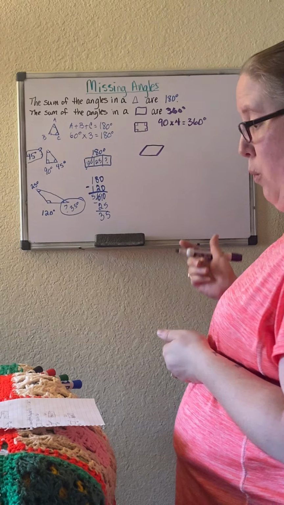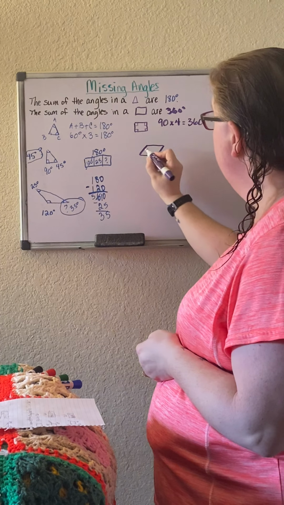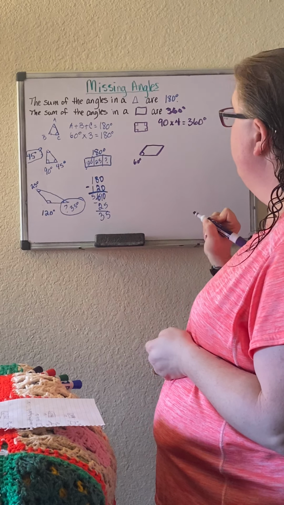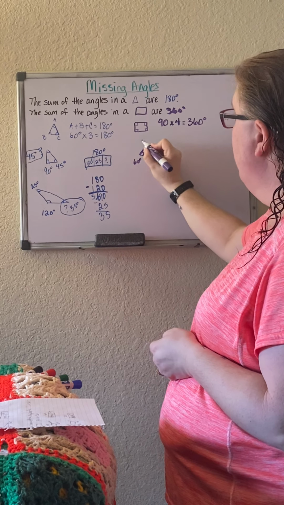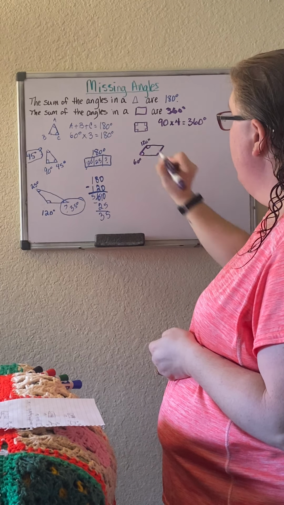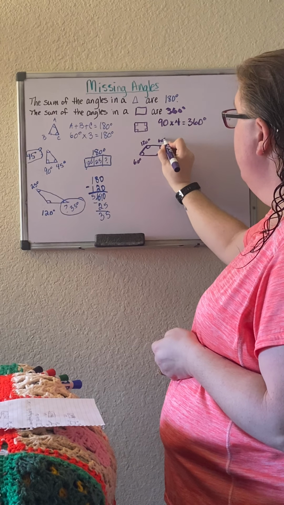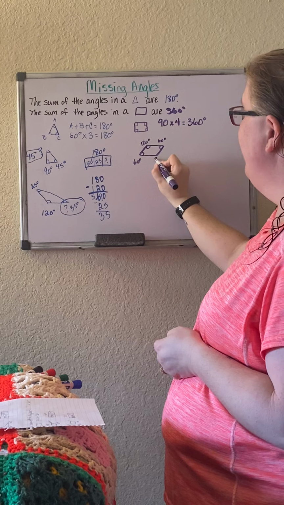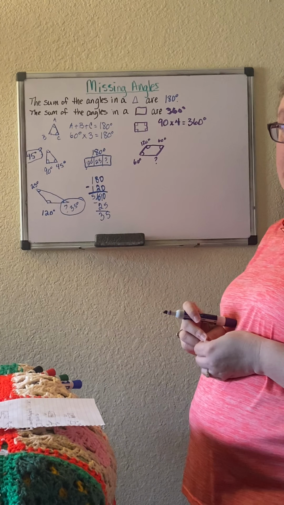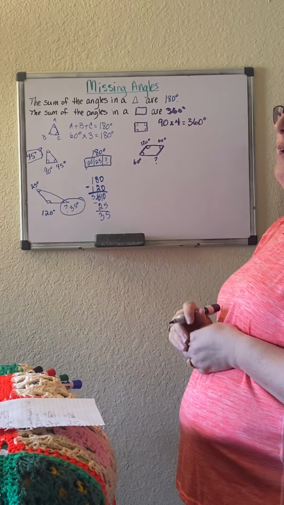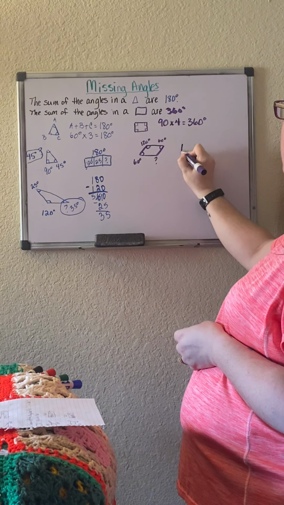So I'm going to say that this angle is 60 degrees. This angle is 120 degrees. And this angle is 60 degrees. But I do not know this angle. So, again, I'm going to use a strip diagram.